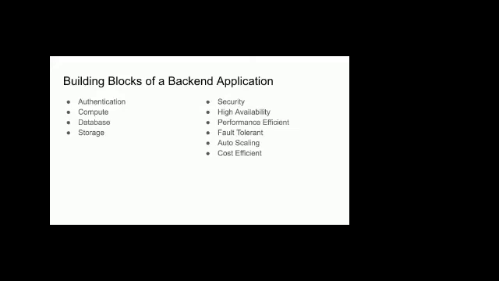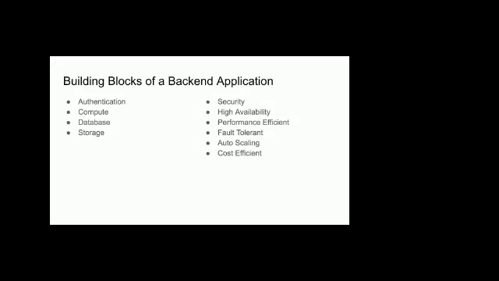Third one is a database. You need some kind of a database. Unlike 10 years back, now there are a lot of database options. You have the relational database, the NoSQL database, the in-memory databases, ledger databases, time series databases, graph databases, for different kinds of use cases. But you need some kind of database which your application uses.